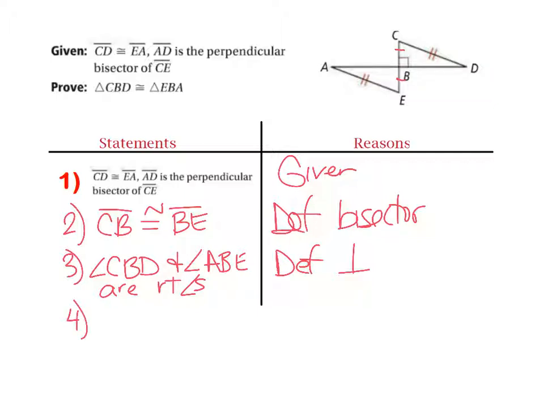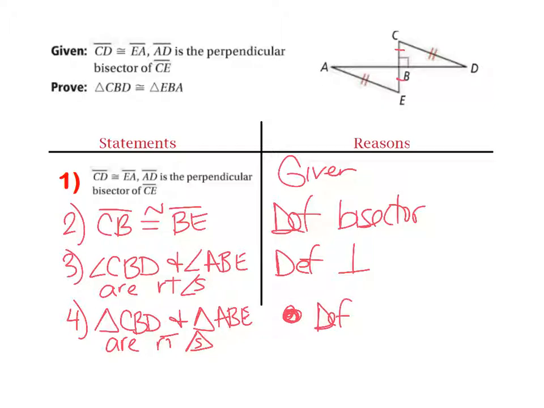So now I have to come back and say, well, triangle CBD and triangle ABE are right triangles. And that reason is the definition of a right triangle. We used that one previously.